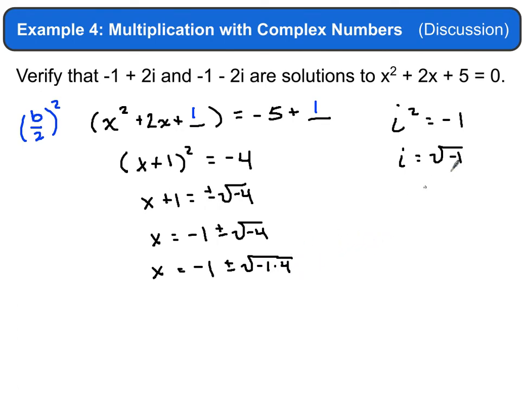And so when you square root this, you're going to get negative 1 plus or minus 2i. This part here becomes this part here. And so that verifies that this one and this one are solutions to this, by getting those answers.